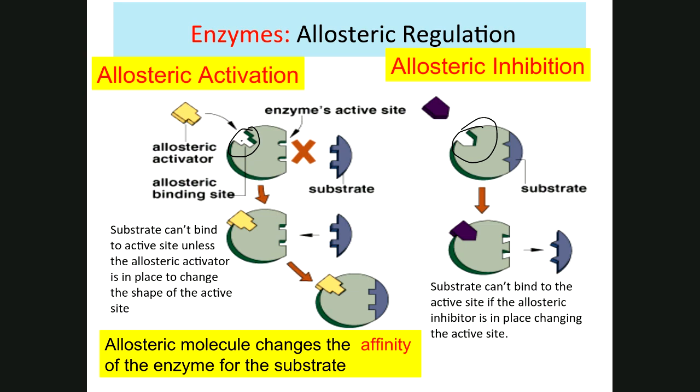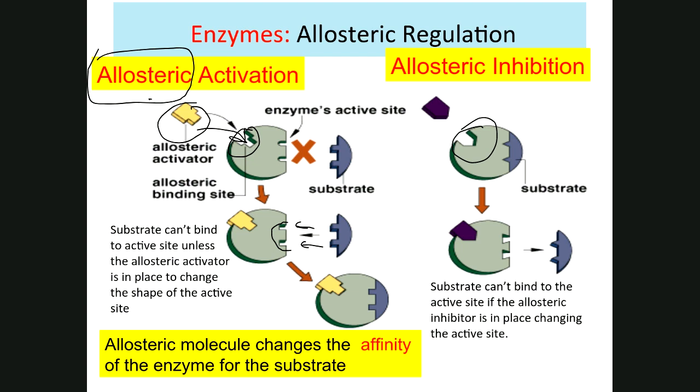So these are what we call allosteric places. So an allosteric activator will be a molecule that binds to the enzyme at a place other than the active site. And when it does so, the active site changes its shape, and now it has the correct shape for the substrate to fit in. So the allosteric molecule makes the enzyme work. So this is an allosteric activator.